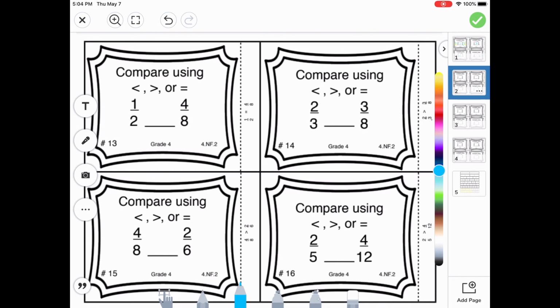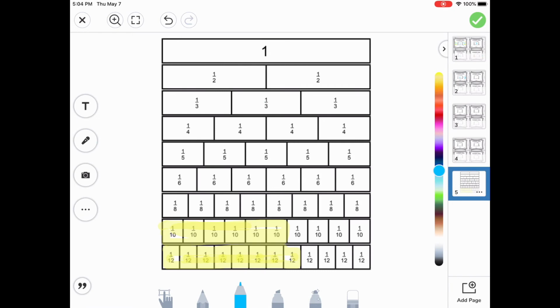On page 2, I'm comparing 1/2 and 4/8. And just by looking at this problem, I don't need to use either of my strategies, because I know that 4/8 is equal to 1/2, because 4 is half of 8. So these two fractions are equivalent to one another. On my next problem, 2/3 and 3/8, I think I'm going to shade these problems in.